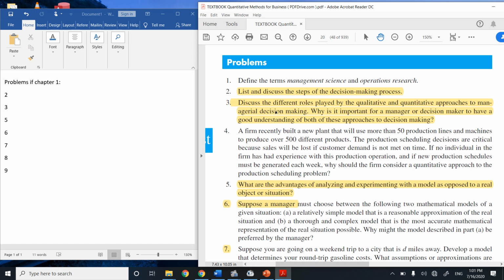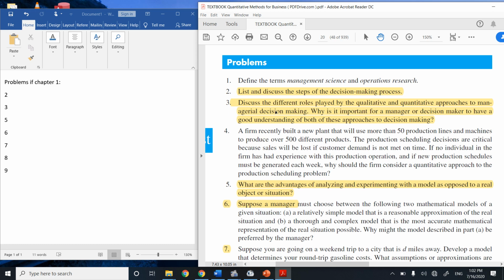They are important because sometimes a qualitative approach is not enough to solve a problem, and sometimes quantitative alone is not enough to solve a problem. Therefore, both are important, okay?